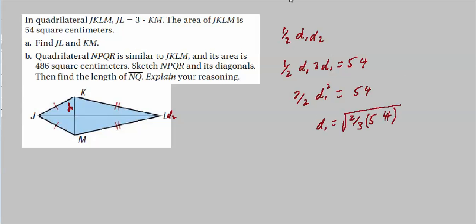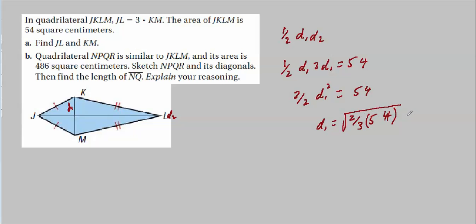Well, we can save our calculators a little work here if we spot something right off the bat. 54 divided by 3, let's see, is that 18? Yes, it is. 54 divided by 3, we get 18, and that's 1/3. So 2/3 of 54 is 18 times 2, which is 36.